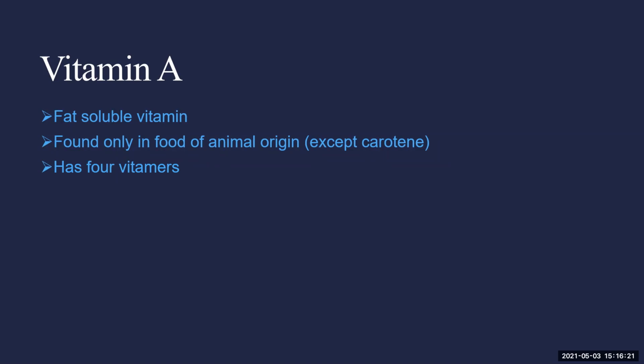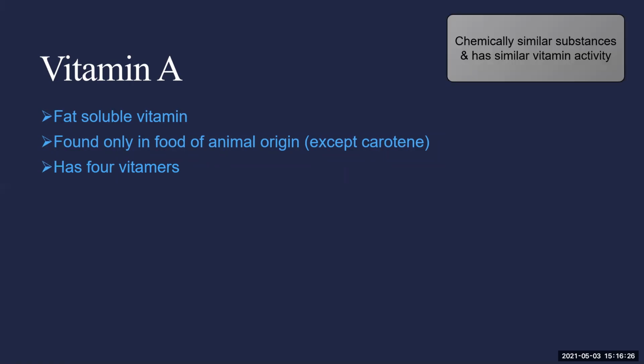That brings up the first question for the day: what is a vitamer? Vitamers are chemically similar substances that have similar vitamin activity. These substances are called vitamers. Vitamin A has 4 vitamers. Number 1 is retinol, which is vitamin A alcohol.